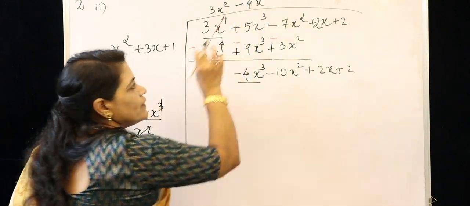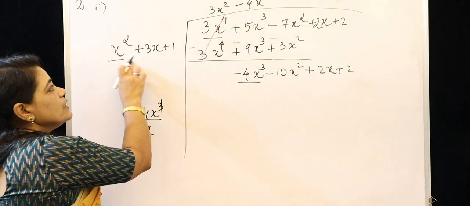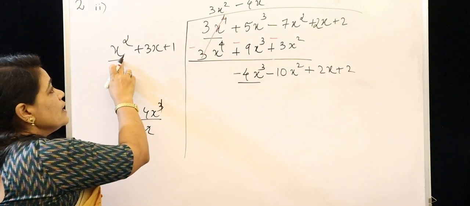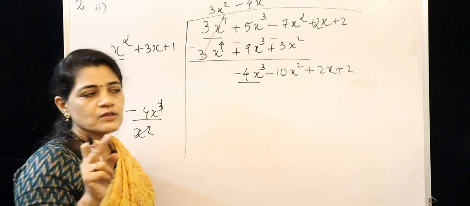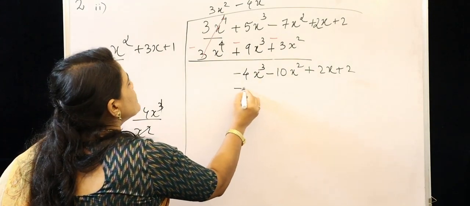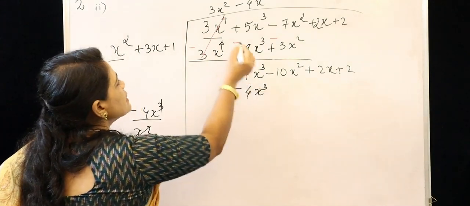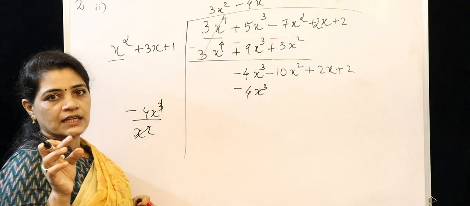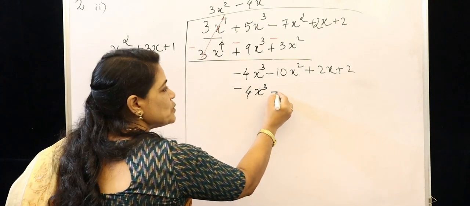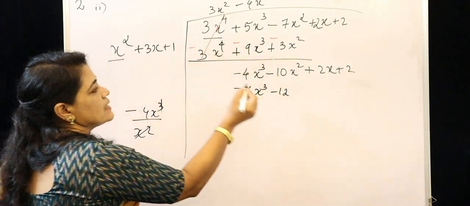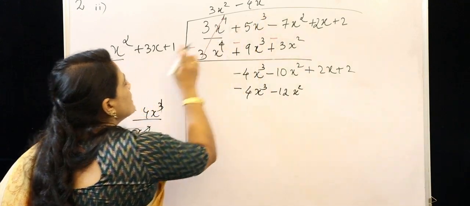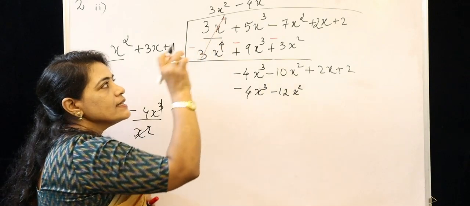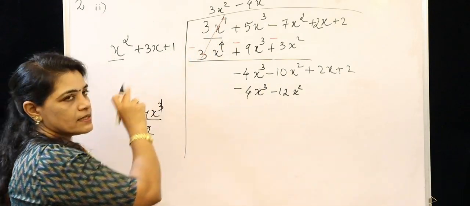So we can multiply with this negative 4x all the terms in the g of x. Okay, so negative 4 into x square. Okay, x square means coefficient is 1. So negative 4x cube, x into x square. Now negative 4 into positive 3, that is negative 12 and x into x, x square. And for getting the next term, we should multiply this negative 4x with the constant plus 1.